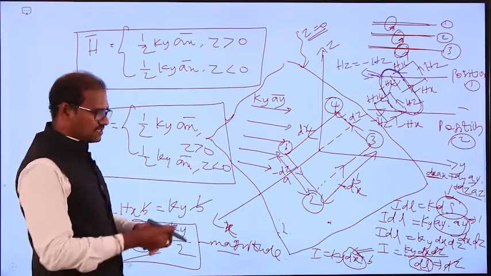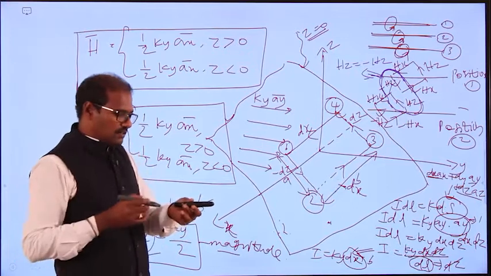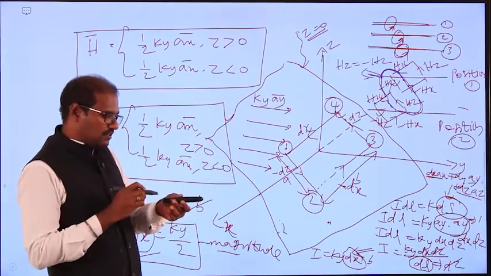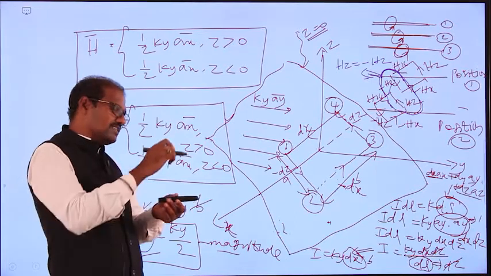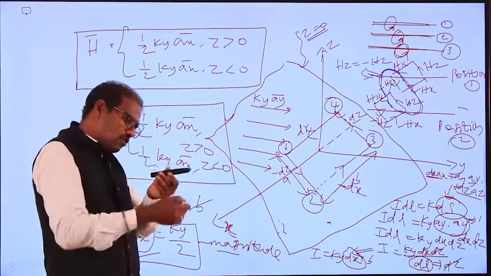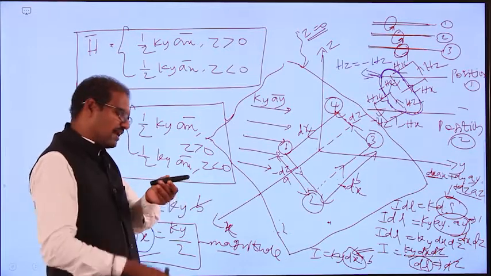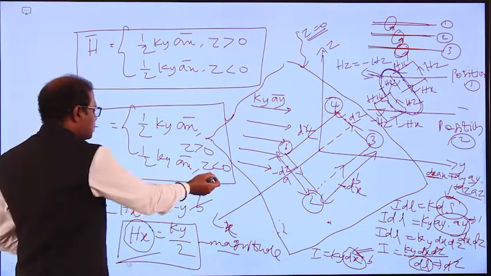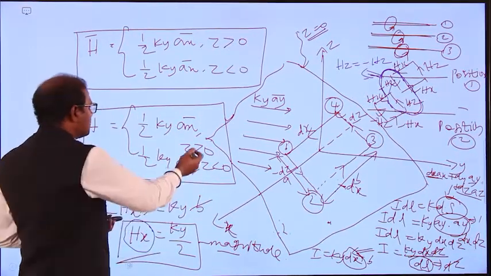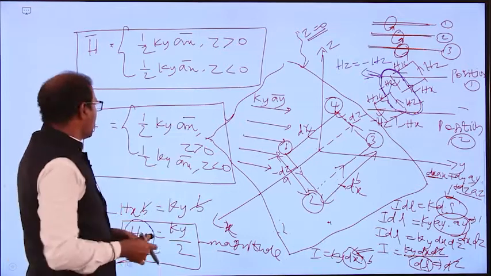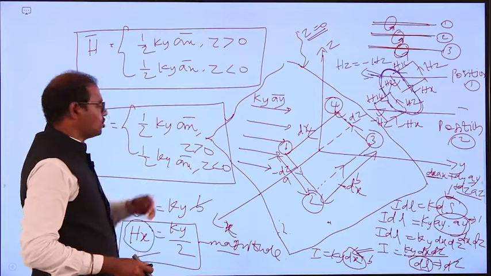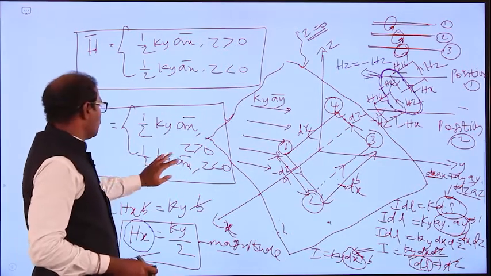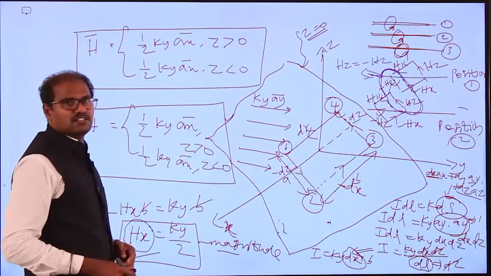The field component goes in plus z above the sheet, and minus z below the sheet. So less than z is down, greater than z is above. So we got 1 by 2 Ky ax for z greater than 0, and 1 by 2 Ky ax for z less than 0.